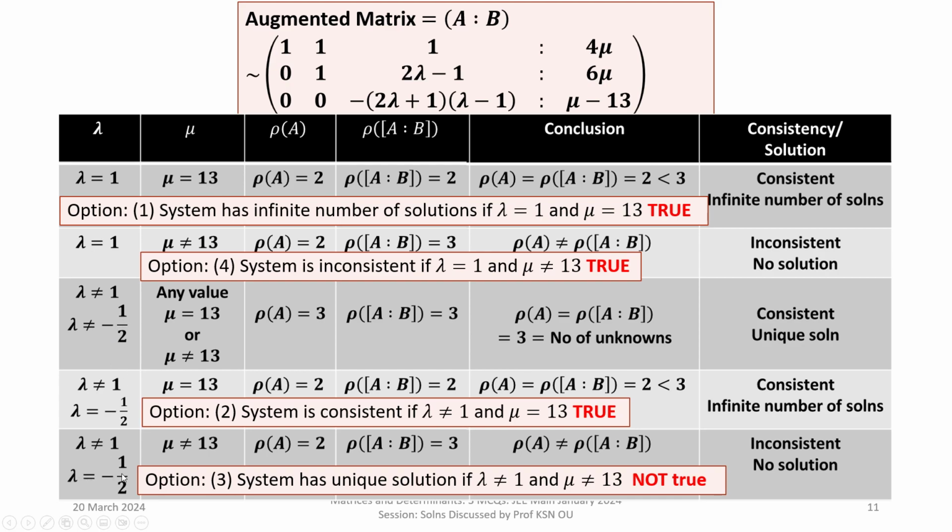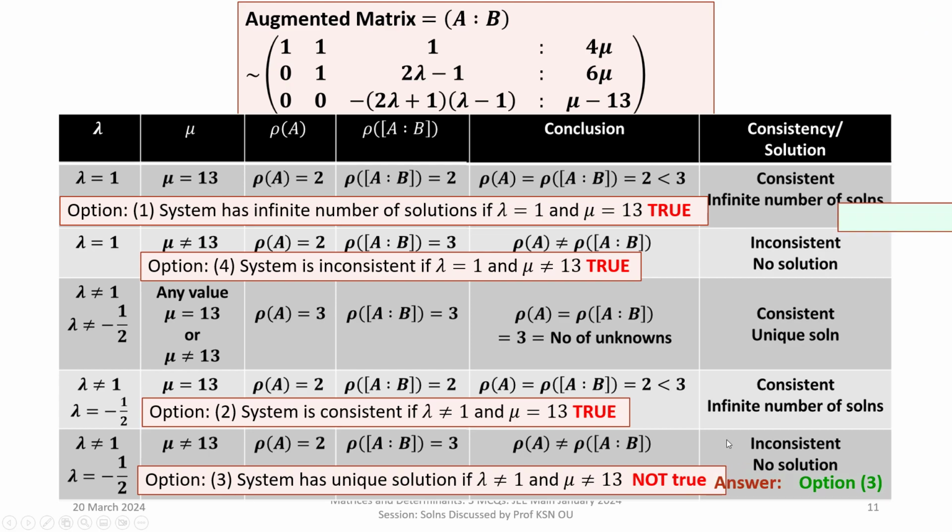Lambda equal to minus 1 by 2 is there. So in that case, you will have no solution. Therefore, your conclusion that you are going to get a unique solution is wrong. So this option is not true. We have to find the option which is not correct. Therefore, the answer to this question is option 3.